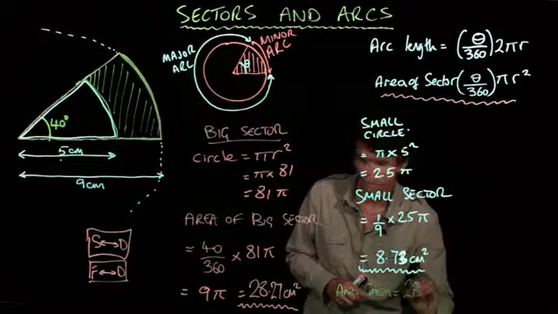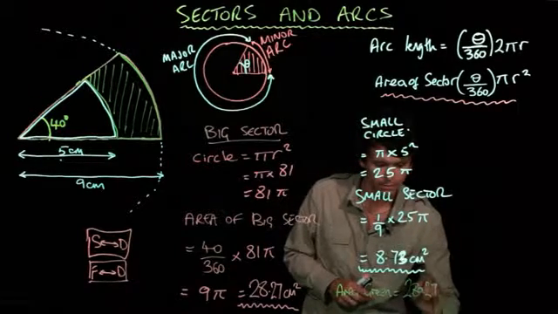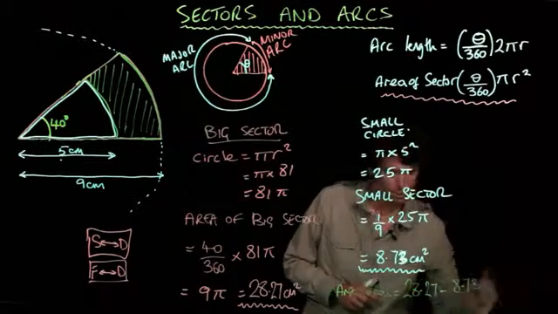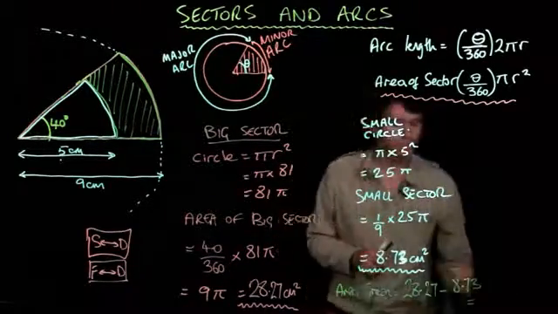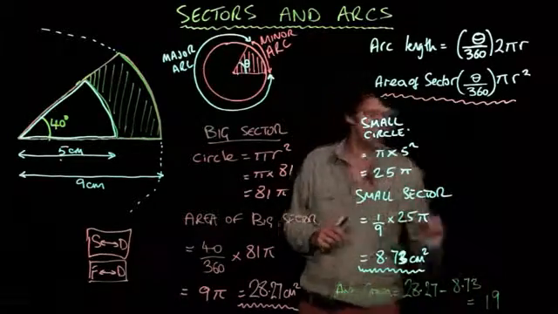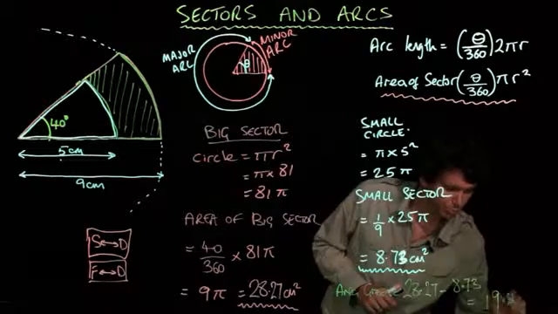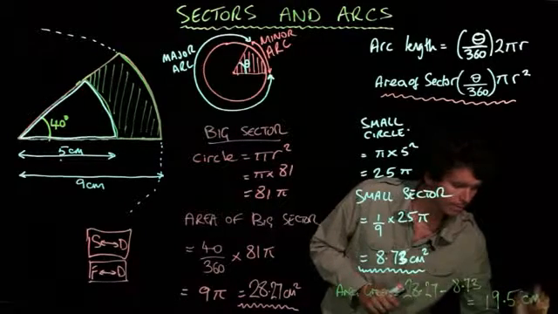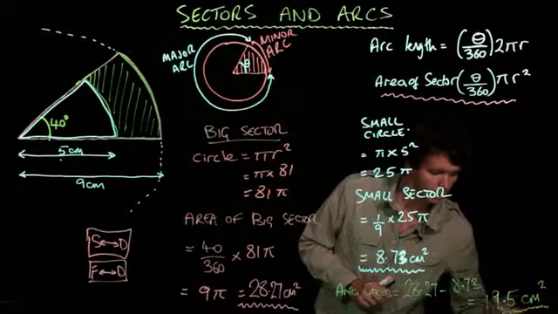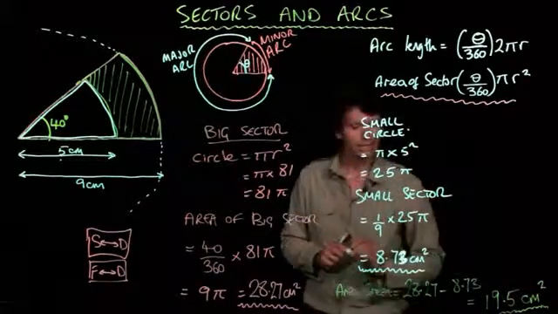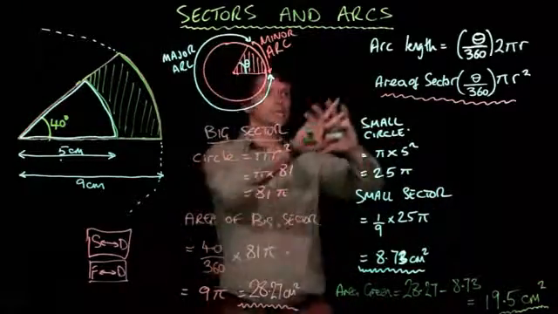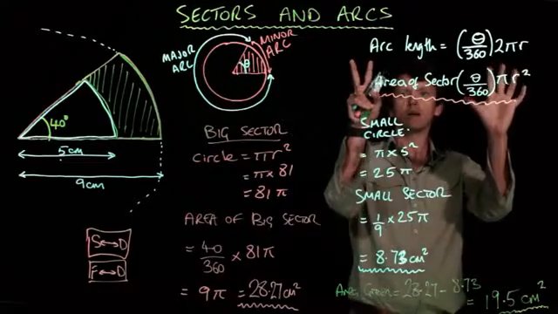So 28.27, subtract 8.73, that is going to give you an answer of 19, and I'm going to round my answer now, as I said, to 1 decimal place, 19.5 centimetres squared.